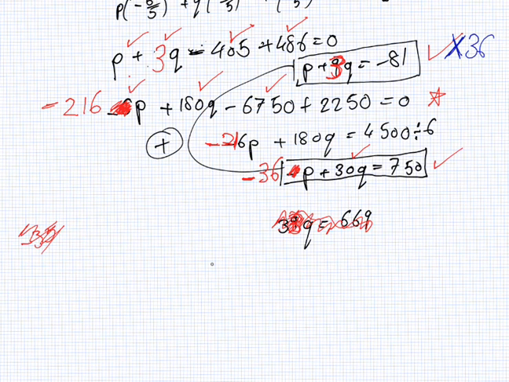Okay, so I get 36p plus 108Q equals minus 2916.